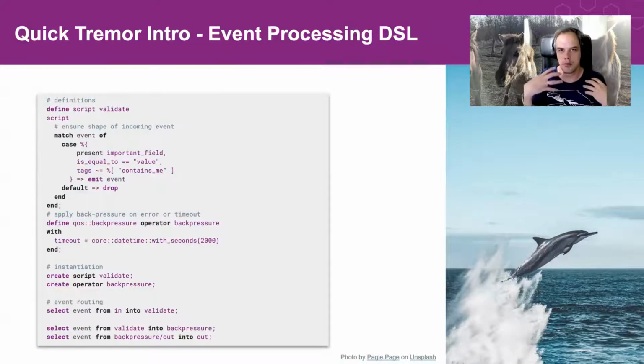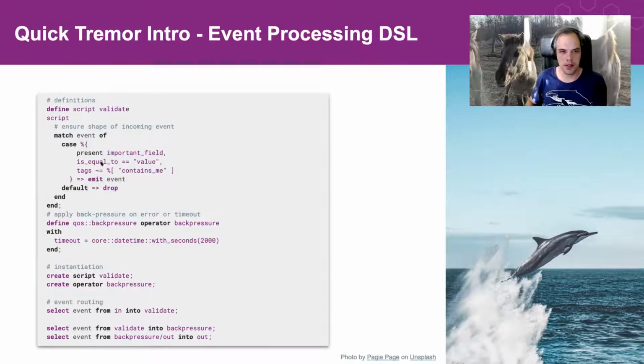An actual event processing script that you would write looks like this. If you go from top to bottom, first we define a script that we call validate, and inside the script we match on the event and check that important fields need to be there.